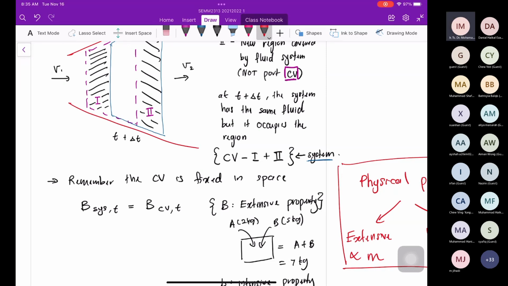Okay, intensive property doesn't depend on system size or the amount of material in the system.